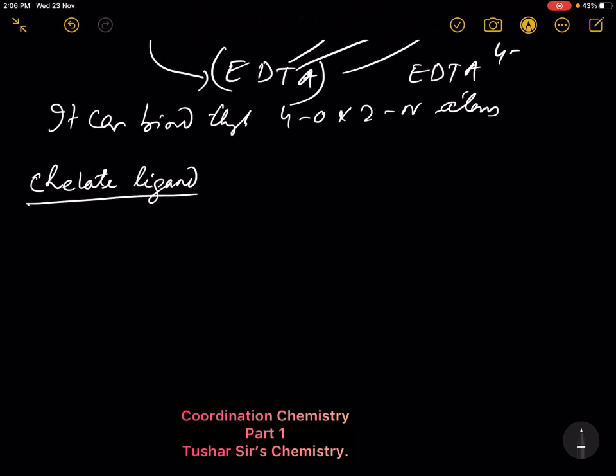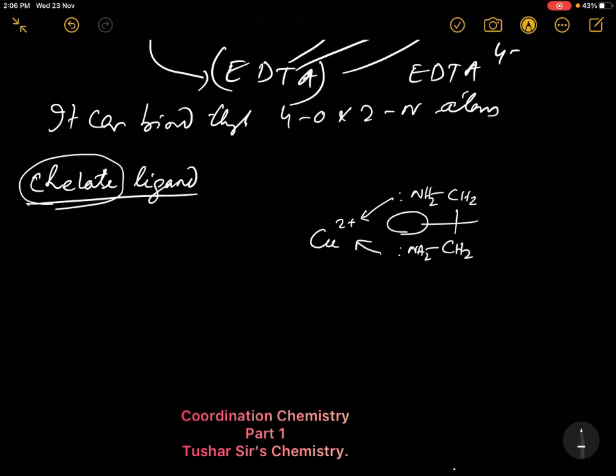Cu2 plus, you see ethane 1,2-diamine forms a chelate. Chelate means ring structure. So this is a chelating ligand.